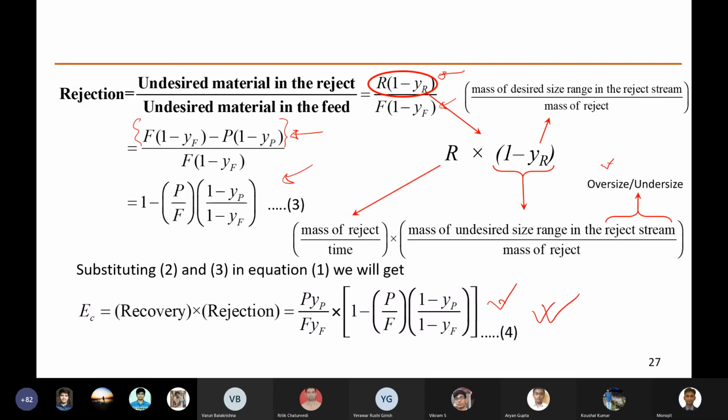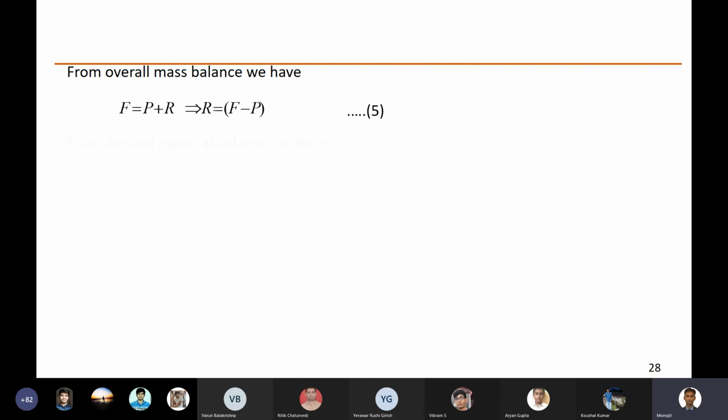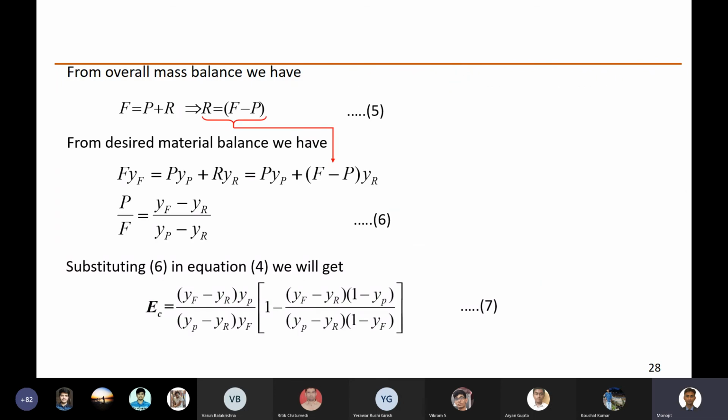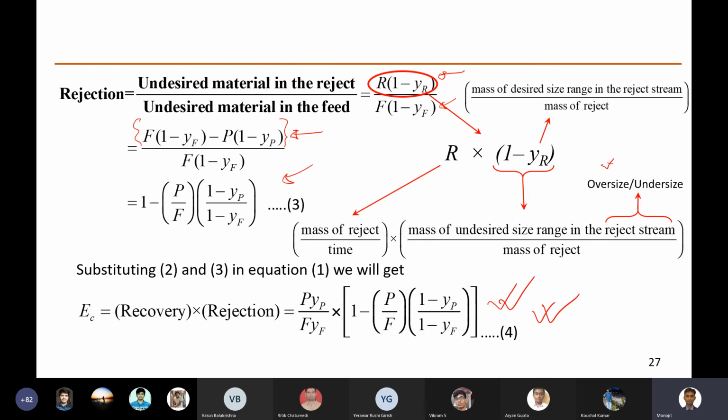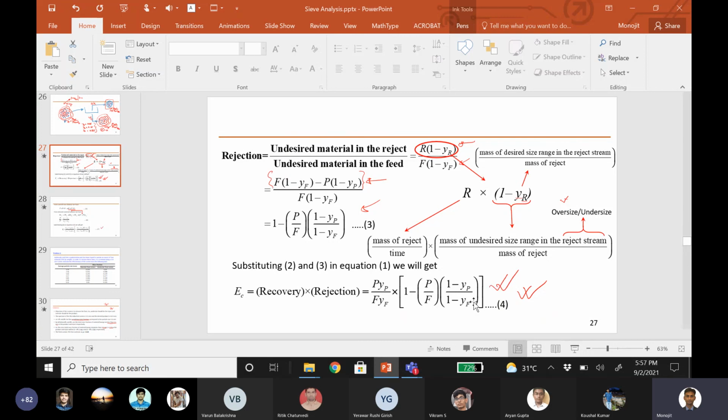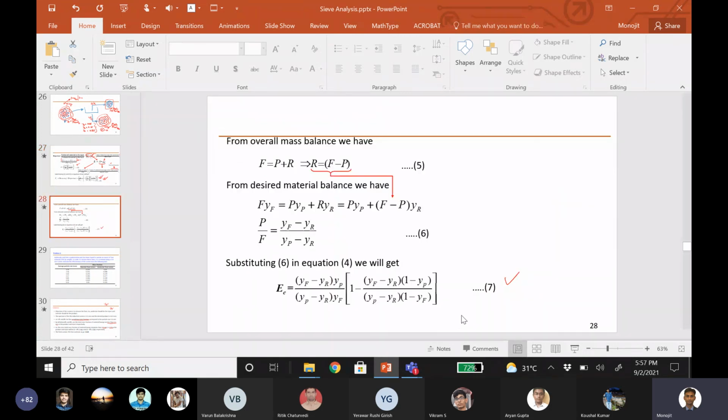You can use equation 7 also. I'll solve this problem using equation 4, and I'll leave it up to you to solve it using equation 7.